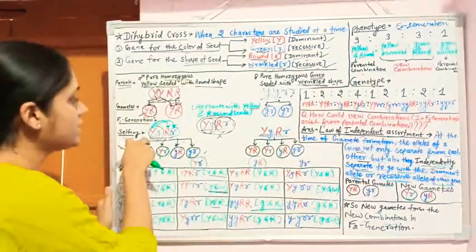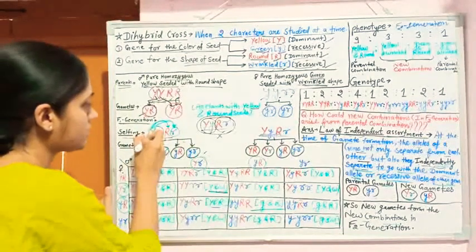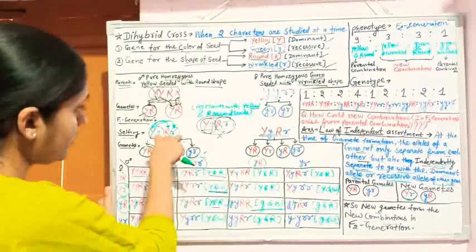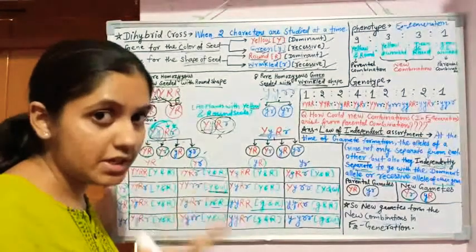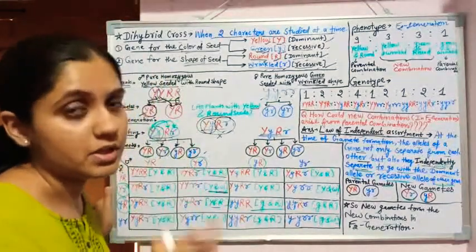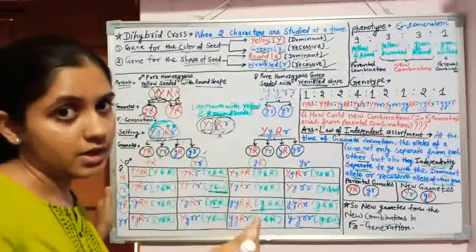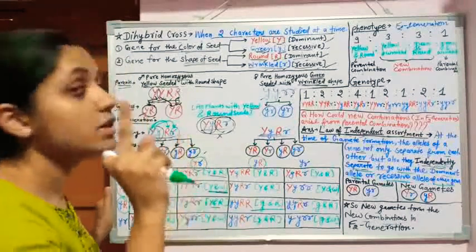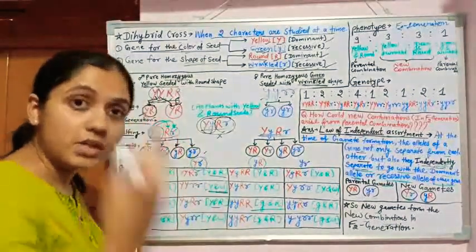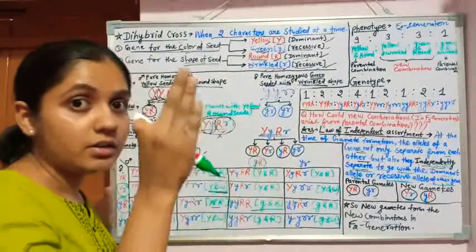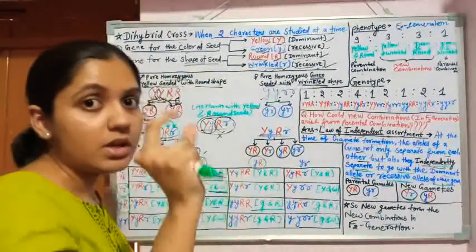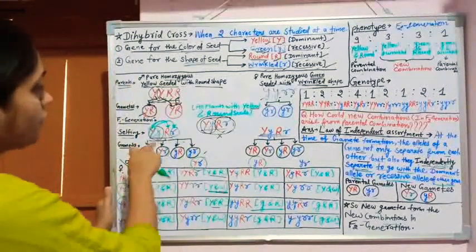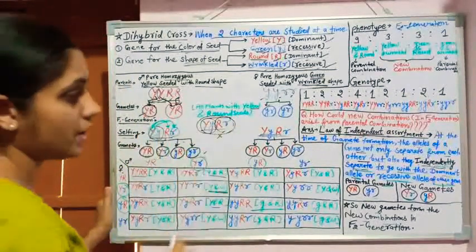Yellow color seed, it means capital Y, and the wrinkled shaped seed can form a new combination, yellow seed and wrinkled seed in one progeny. So this is a new combination. And the green seed and the round shape of seed in one progeny is a new combination. So this is because of the law of independent assortment.